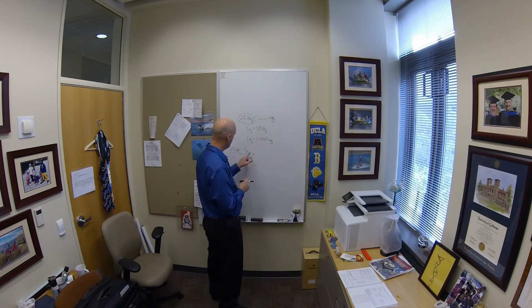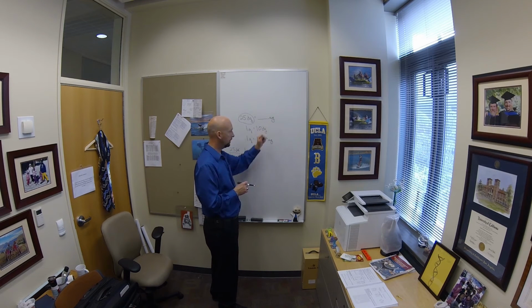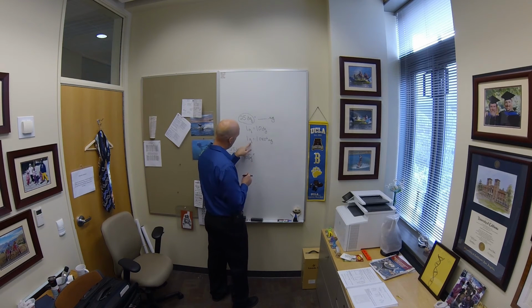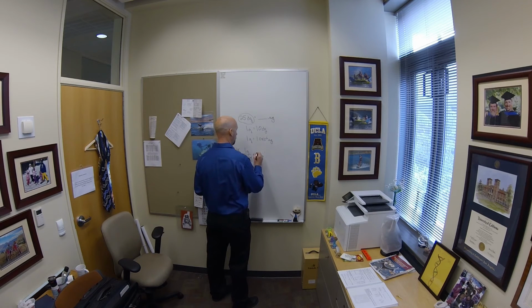Now, do I have any way to convert from grams to micrograms? I want the answer in micrograms. And I know that 1 gram is equivalent to 1 million micrograms. So I want my grams on the bottom of the conversion factor here. So I'm going to put my micrograms on top over 1 gram.